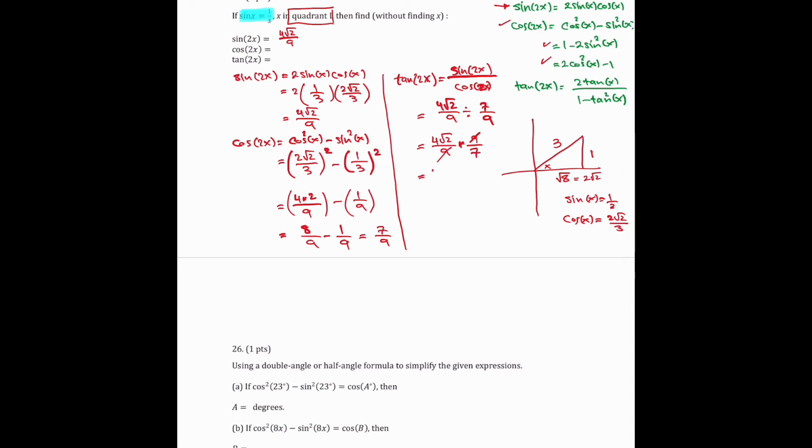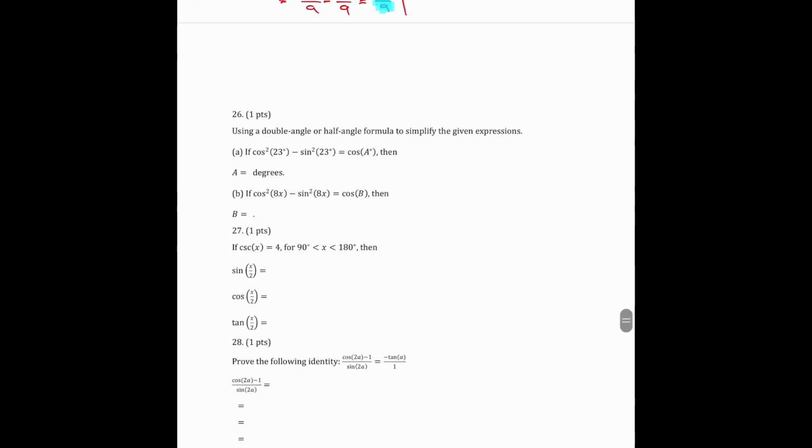The 9 will cancel, and you will have 4 square root of 2 over 7. So that is sine 2x, cosine 2x, and tangent 2x. Instead of using the third formula here, I used cosine and sine to find tangent, which will work just fine.